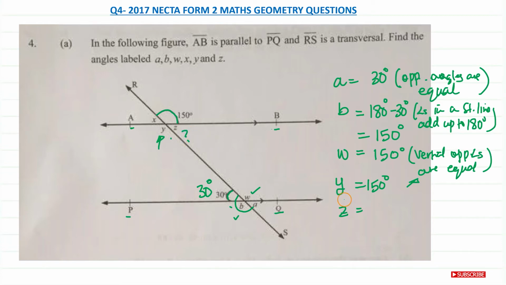So again, Z is going to be equal to 180 take away 150 because we have a semicircle there, angles in a straight line. Okay, so Z is equal to 180 take away 150, which is going to be equal to 30 degrees. Put down the reason, angles in a straight line add up to 180 degrees.